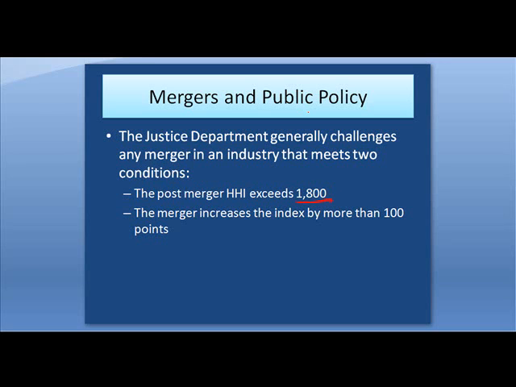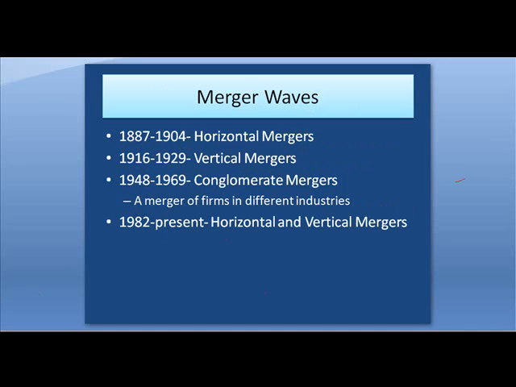So throughout the last few decades, well, the last 100 years really, we've seen a wave of mergers. We've seen horizontal mergers in the beginning, where industries that were alike would merge. We've seen vertical mergers, where the inputs of a particular final product were merged. We've seen mergers where the firms were completely unrelated to one another.